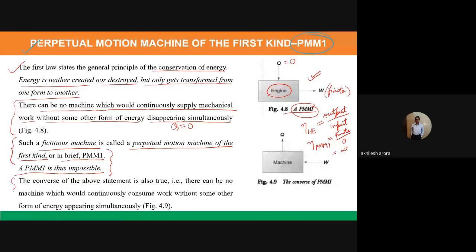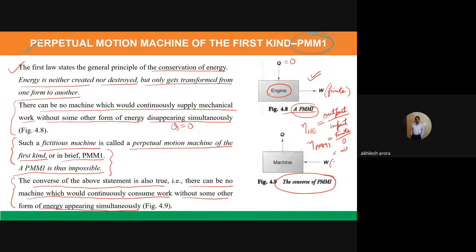Now it says the converse of the above statement is also true. That is, there can be no machine which would continuously consume work without some other form of energy appearing simultaneously. It is the converse of PMM1.